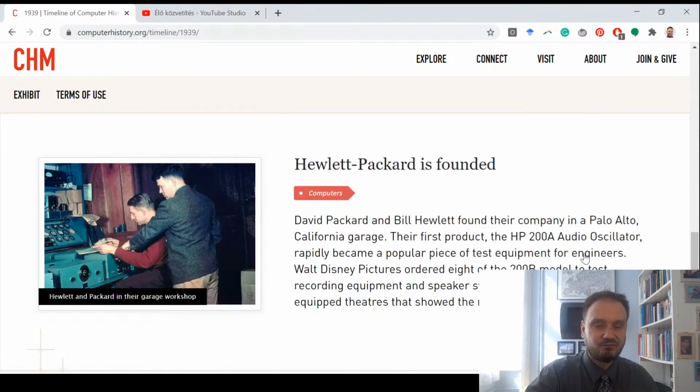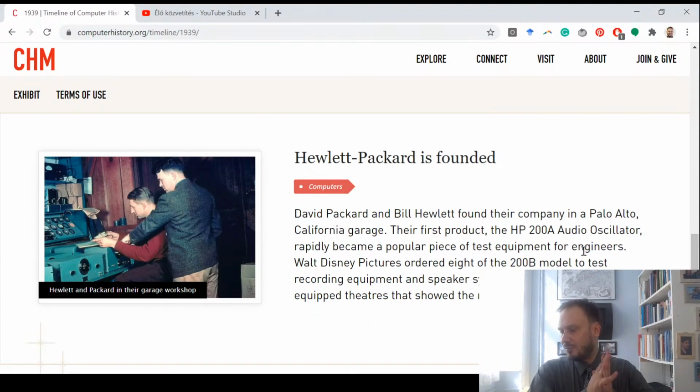The history of computers is related to several developments and companies. These companies included Hewlett Packard, David Packard and Bill Hewlett. They founded a company in Palo Alto in California in a garage. The same was done by several people, Bill Gates, Steve Jobs, for example.